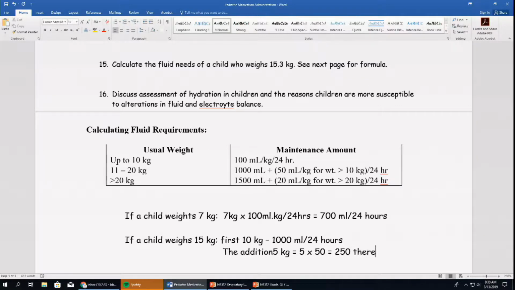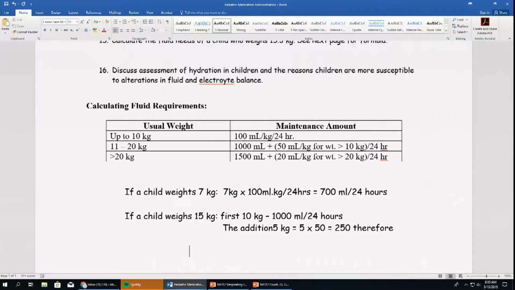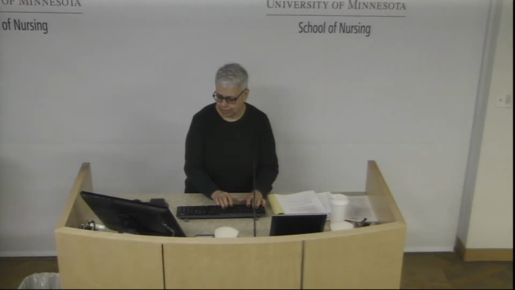So therefore, 1,000 plus 250 equals 1,250 milliliters in 24 hours. Yes?